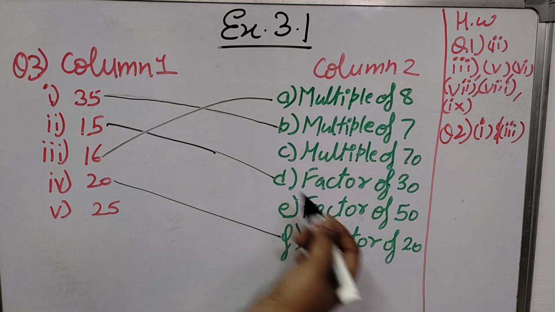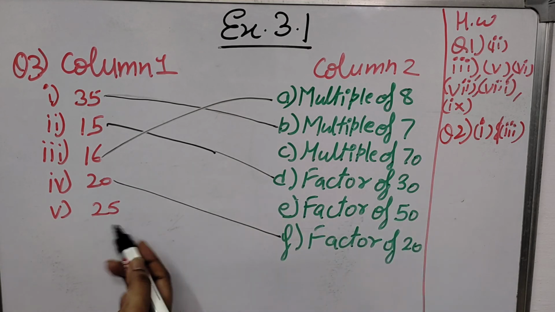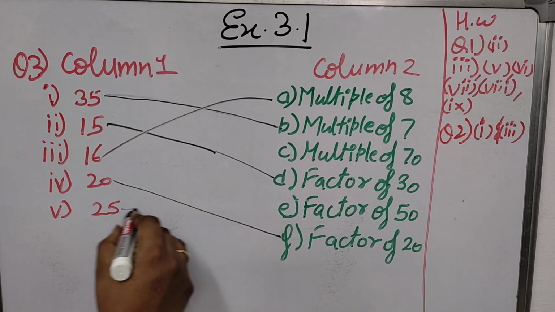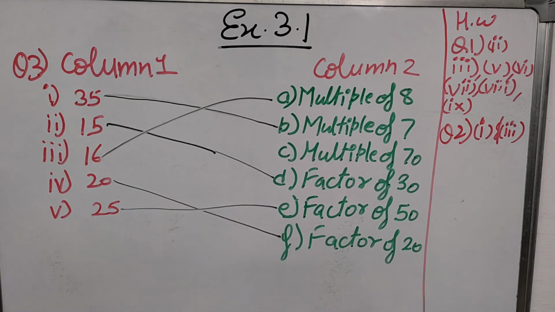Yes, 25 is a factor of 50. We divide 50 with 25, we will get our quotient as 2. So this is how you can find out which is a factor of which number and which is a multiple of which number.